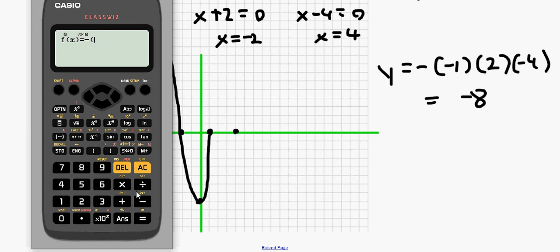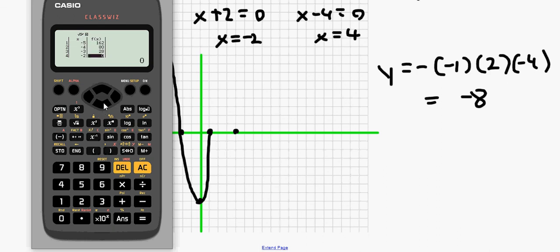So what's that? X minus 1. What else? X plus 2. And then the last one. Okay. And start at, I don't know, minus 5. And step of 1. So minus 2, 0.